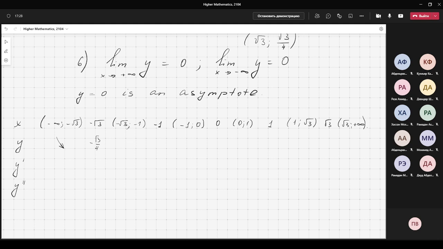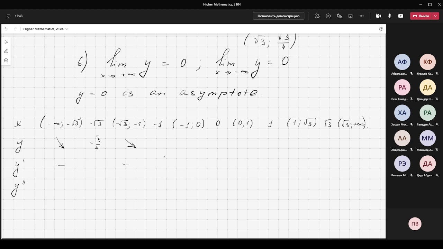On the interval from minus square root of 3 to minus 1, the derivative of the function is negative. It means our function decreases.